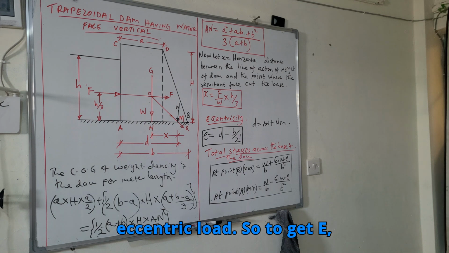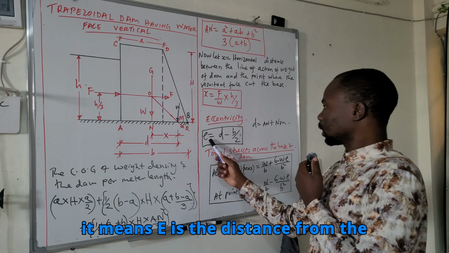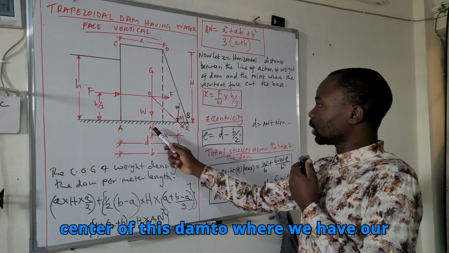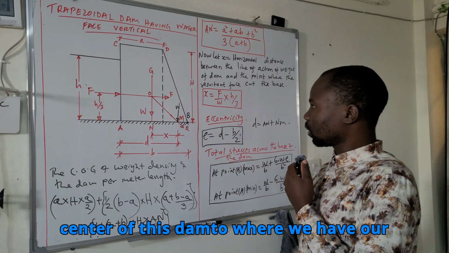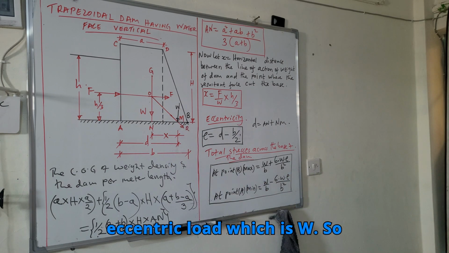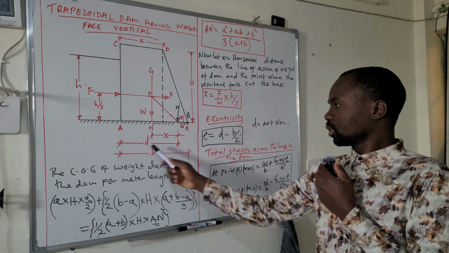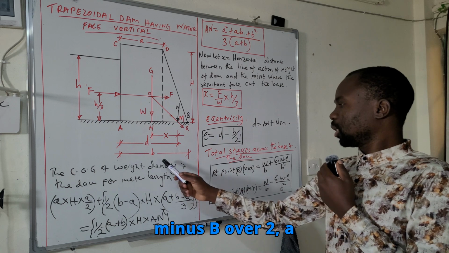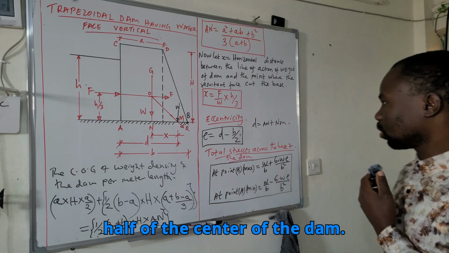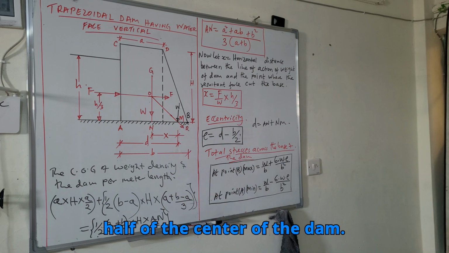So E is the distance from the center of this dam to where we have our eccentric load, which is W. So E will be D, this distance, minus B over 2, a half of the base of the dam.